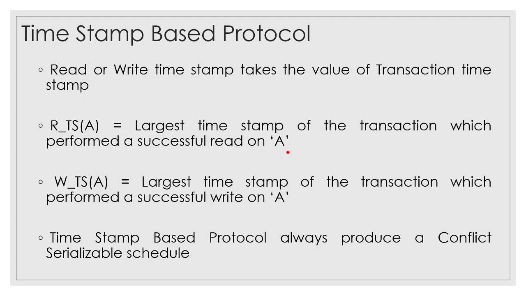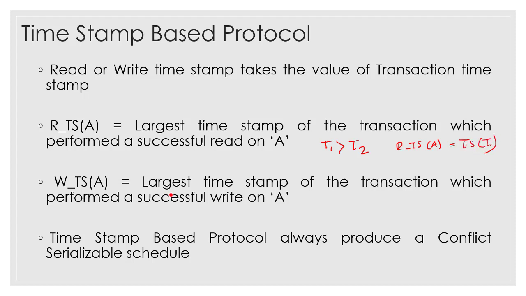Suppose transaction 1 has a greater timestamp than transaction 2. So transaction 1 is the younger transaction and transaction 2 is the older transaction. Now, if transaction 1 performs a successful read operation on the data item A, then R_TS of A will be the same timestamp as T1.